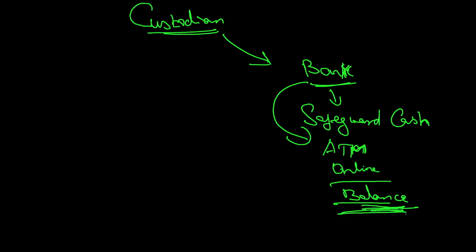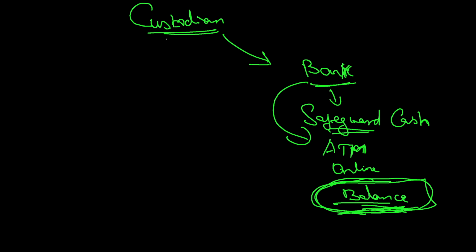Why right balance? Because it is also telling you how that balance is coming up. All the deposits will be shown, all the withdrawals will be shown, and if you got any additional interest, or any charges were levied, everything will be shown, and then they will tell you the balance. That's when you trust that the bank is safeguarding your cash correctly.